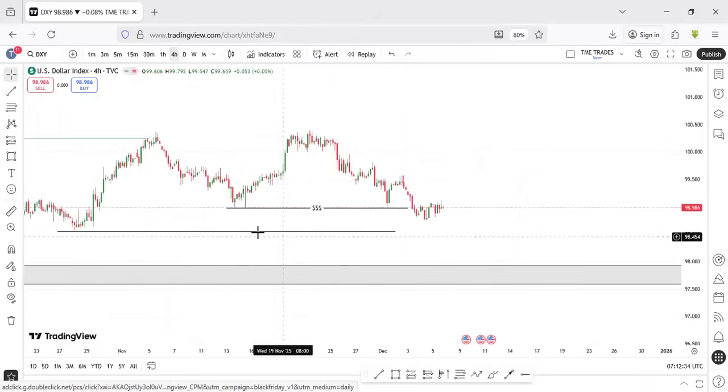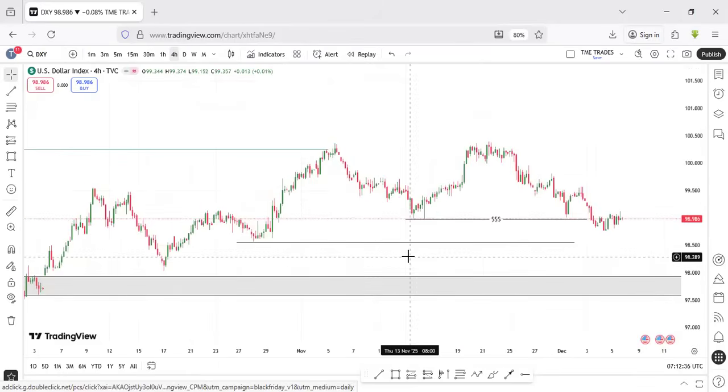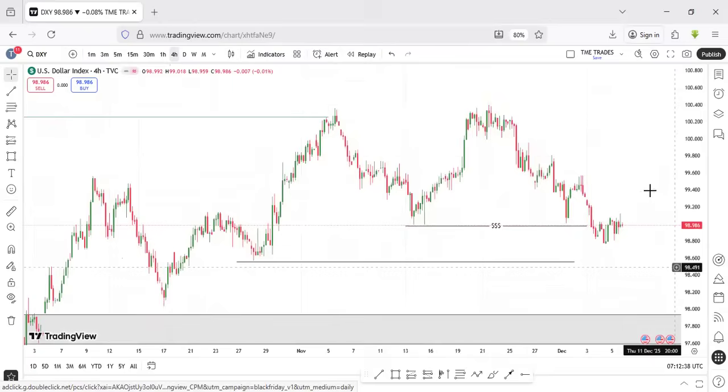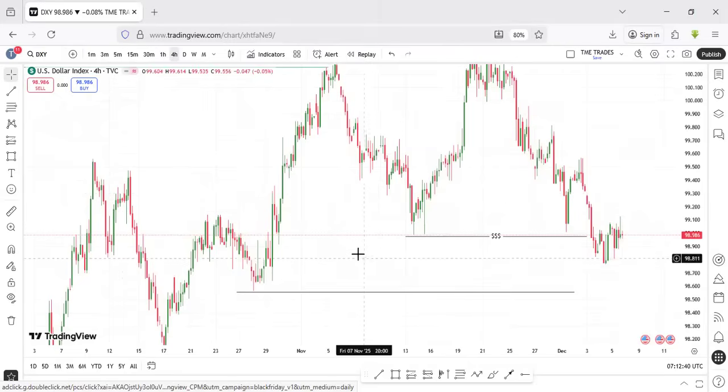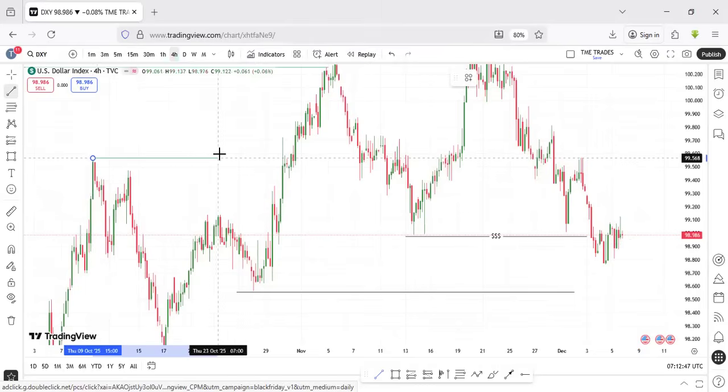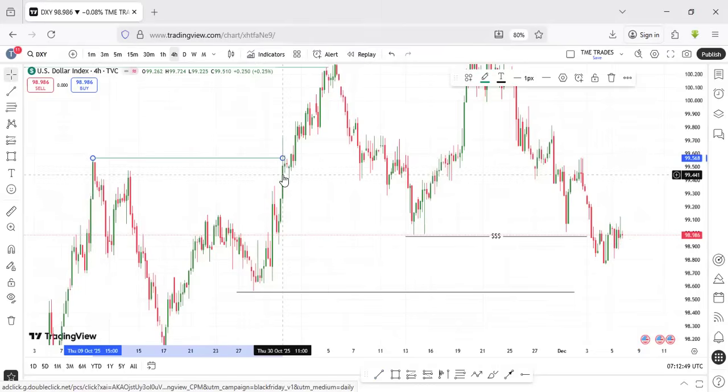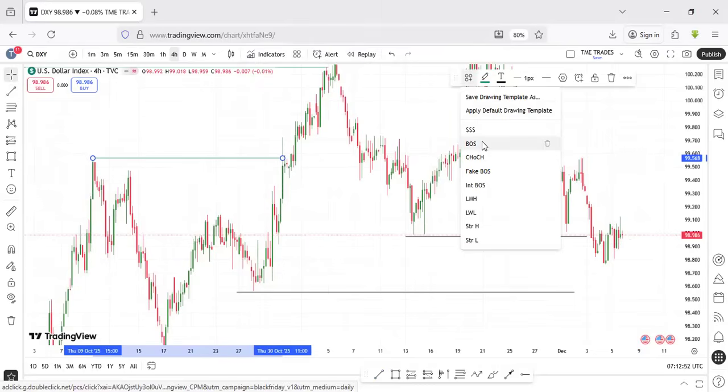Now on 4 hours right now, everything seems quite interesting. Now when you look at it, you will still discover that before this internal break of structure to the upside, let's identify this as a break of structure.